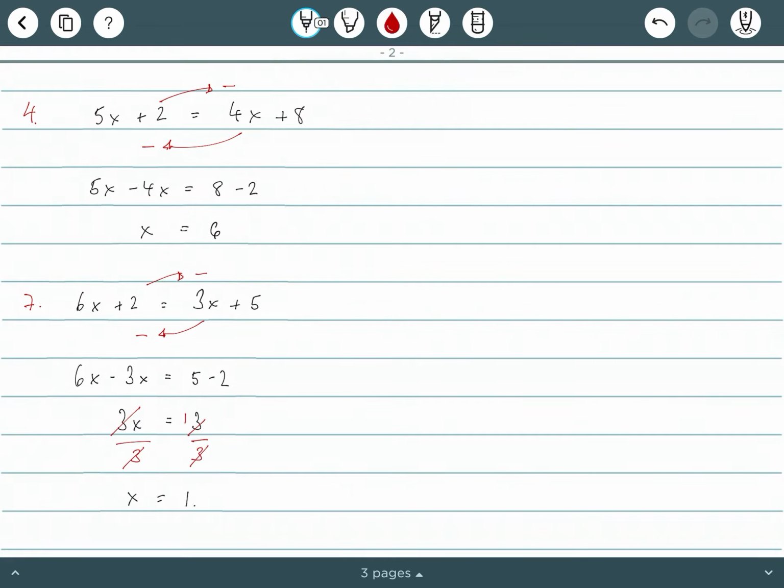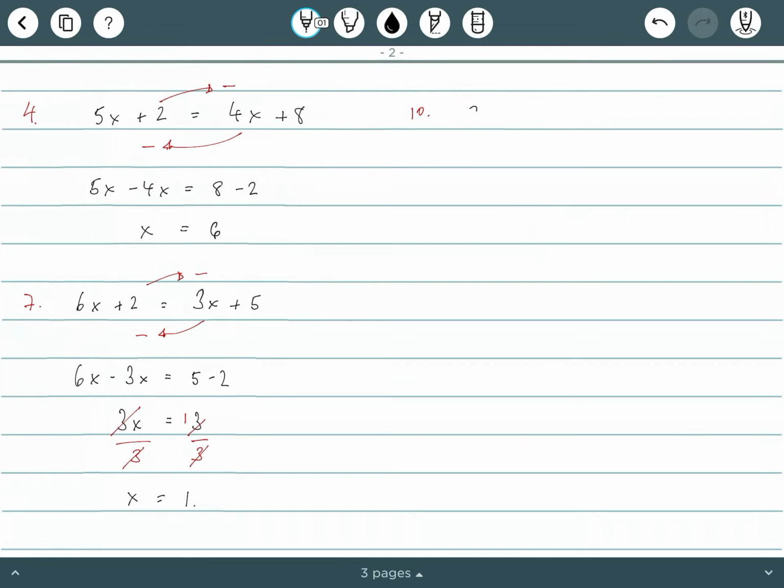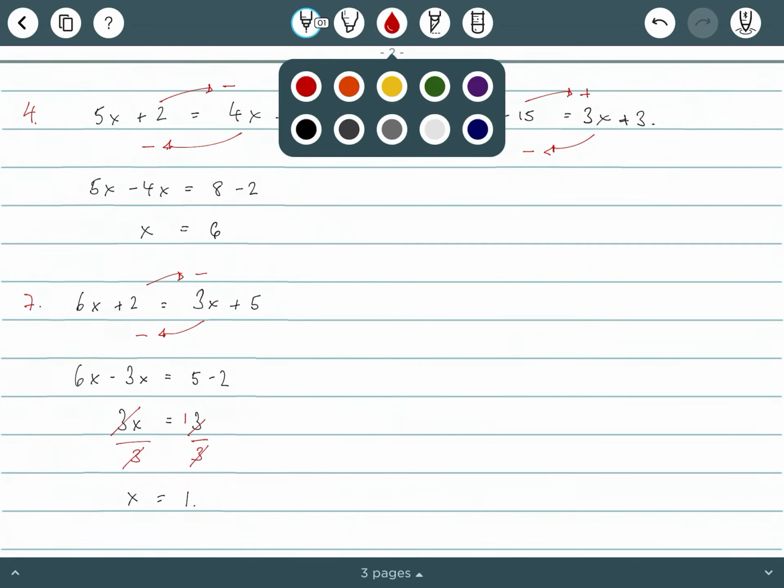Okay, question 10. So 10 is 9x minus 15 is equal to 3x plus 3. Let's move the x's to the side where the larger x's is, which is the left hand side. So 3x becomes a minus, the minus 15 will become a positive.